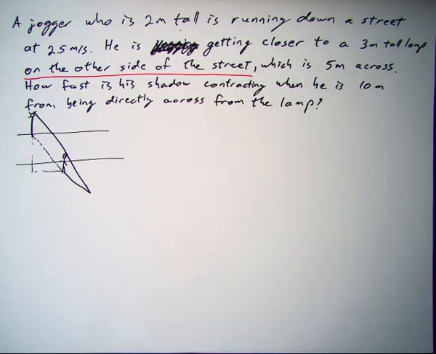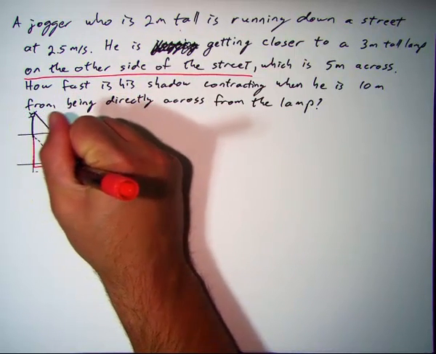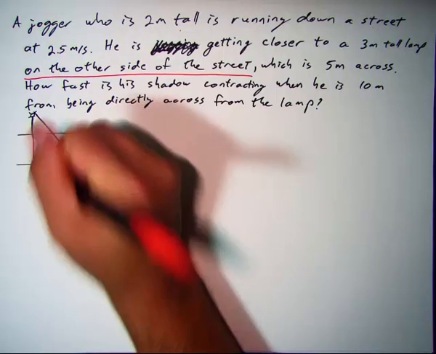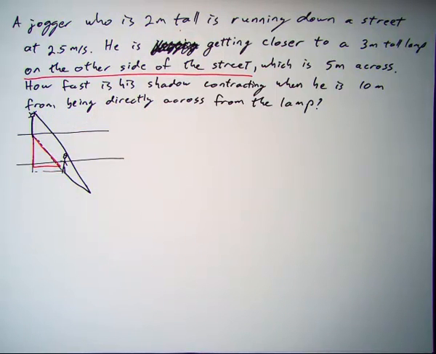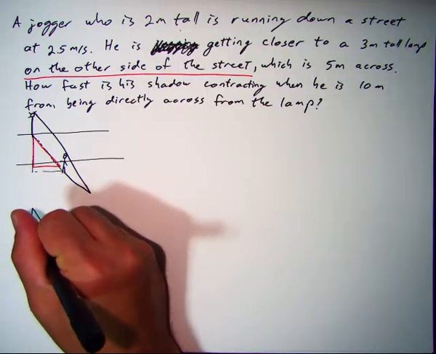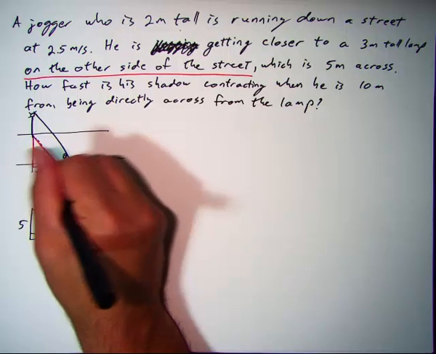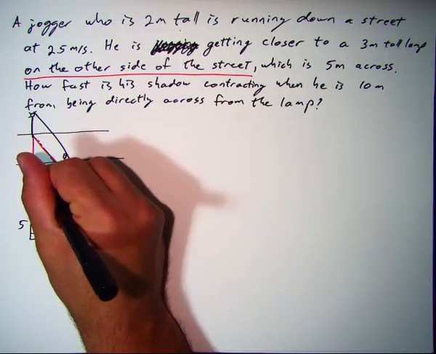So the bit that happens horizontally is across the street to the runner, and we have this triangle over here. That triangle is 5 meters across over here, and this distance, I want to be able to talk about it.